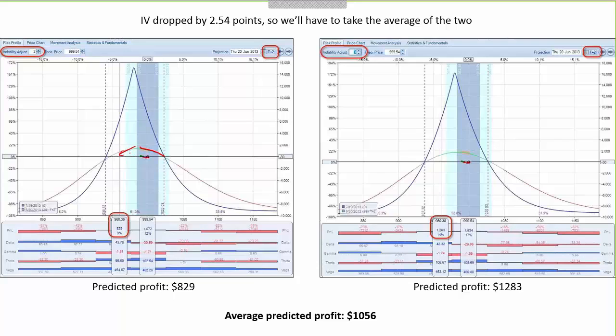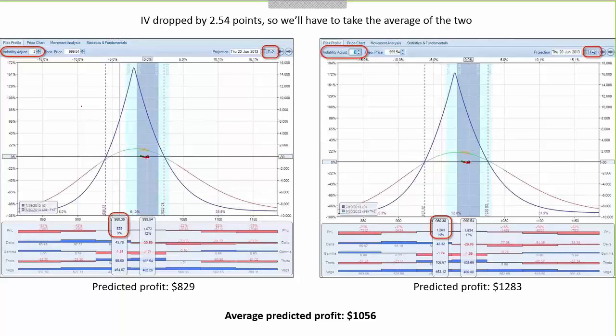The point being that I wanted the delta to be roughly isolated, such that when we move from here to here, we're essentially back where we started from a delta perspective. I don't know if that's confusing, but that's why I chose that particular strike. So this allows us to isolate Vega to see the true impact of Vega.